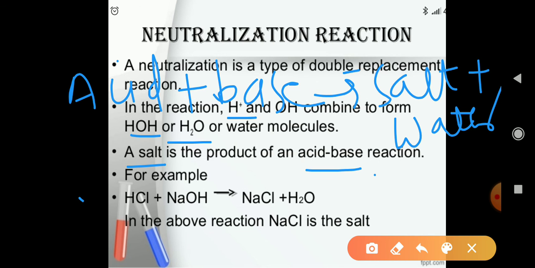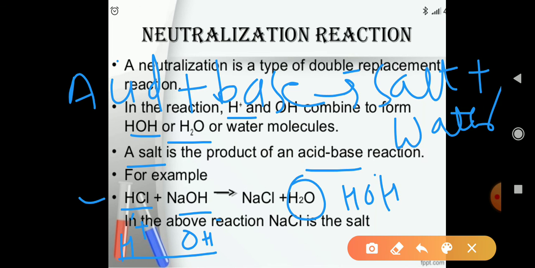An example of this is HCl and NaOH. HCl is hydrochloric acid and NaOH is the base, sodium hydroxide. So H plus from HCl and OH minus from NaOH combine together and form water, written as HOH.